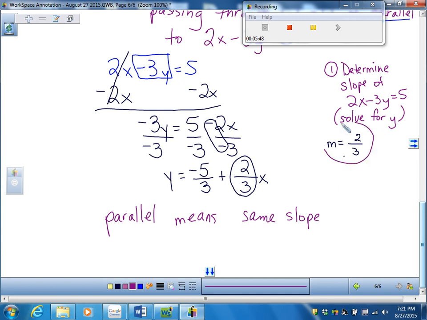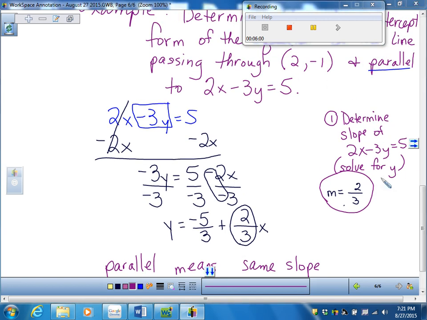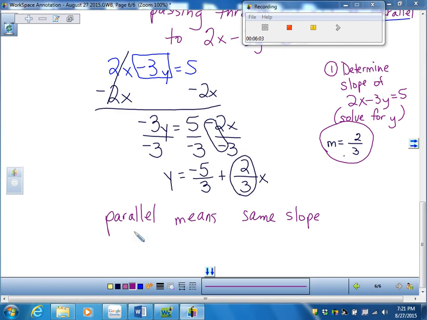So I've got 2/3 that I'm going to be using to create my new equation. The point that I'm going to be using is (2, -1). So now I'm going to go back to my point-slope formula. So step 2, now use the point-slope formula to create the equation.